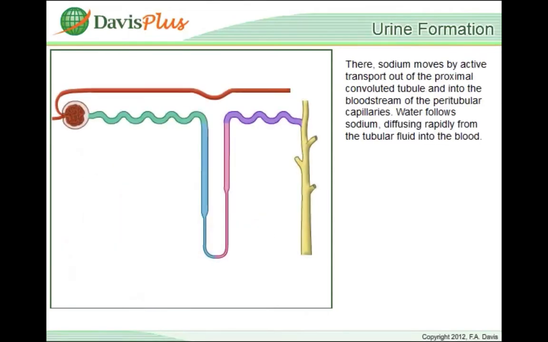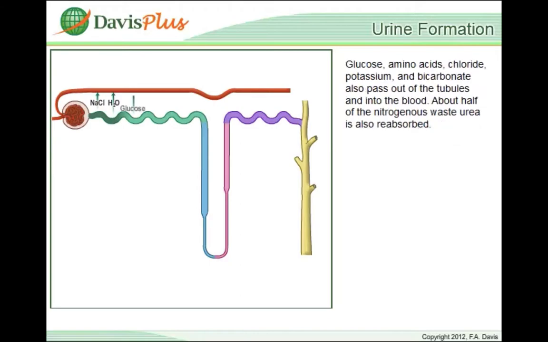There, sodium moves by active transport out of the proximal convoluted tubule and into the bloodstream of the peritubular capillaries. Water follows sodium, diffusing rapidly from the tubular fluid into the blood. Glucose, amino acids, chloride, potassium, and bicarbonate also pass out of the tubules and into the blood. About half of the nitrogenous waste, urea, is also reabsorbed.